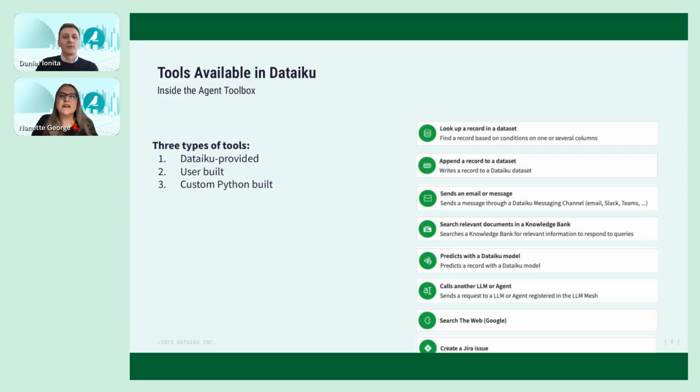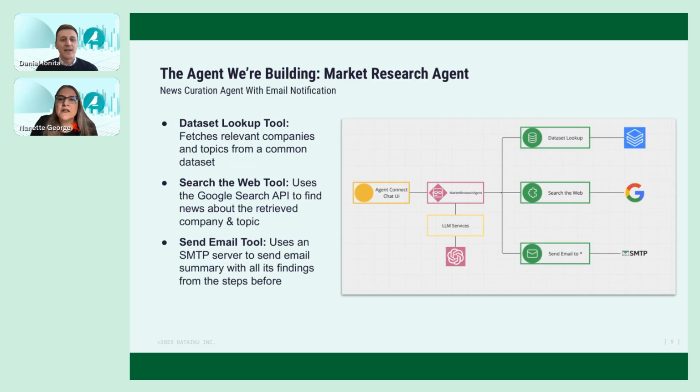If we go to the next slide, I want to walk you through exactly what I will be building today. We will be building, as Nanette mentioned, a market research agent. See this as Google Alerts on steroids, or V2. We want to showcase some of the Dataiku powers. We'll first ask our agent to fetch some information from a dataset using the dataset lookup tool, which is a default tool within Dataiku.